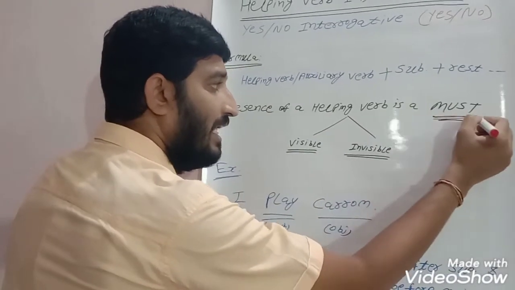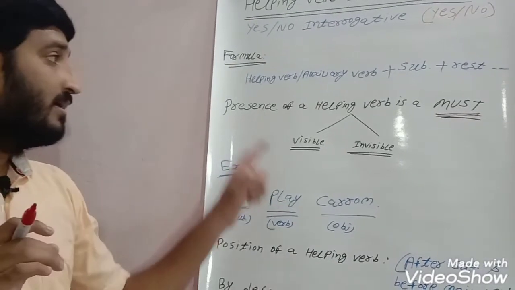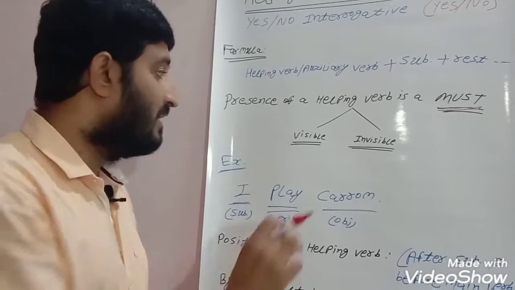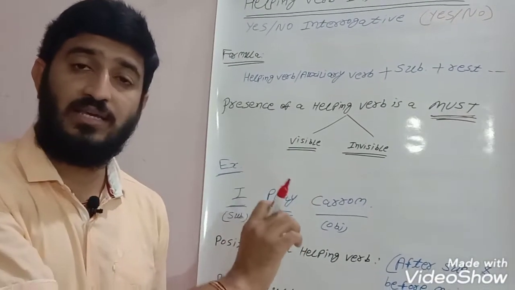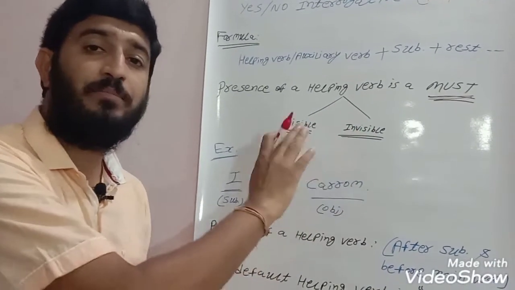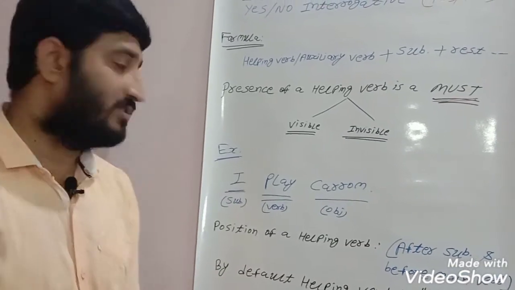Means without a helping verb, there cannot be a sentence. And we have to remember another thing, that the helping verb may be in visible form, means we can find it in the sentence, or maybe in invisible form. But its presence is a must in any sentence.